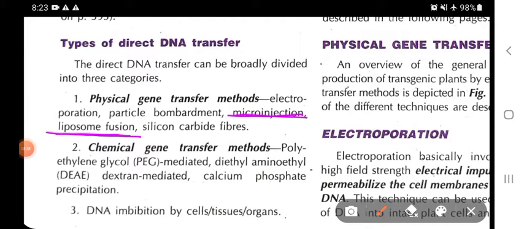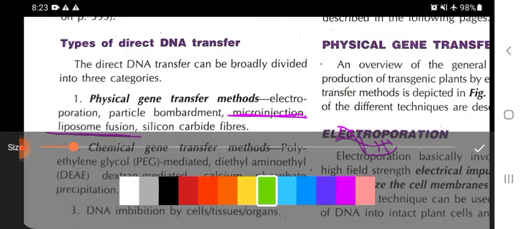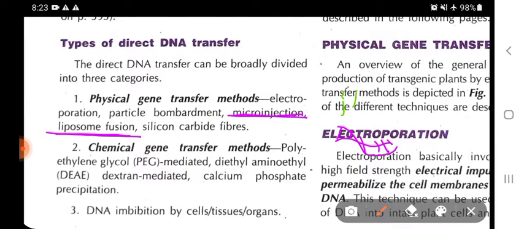Liposome fusion. In liposome fusion, we coat our desirable DNA. Suppose this is your desirable DNA, they are coated with artificially created lipid vesicles. They are then allowed to be transferred to the host cell genome as a result of phagocytosis.